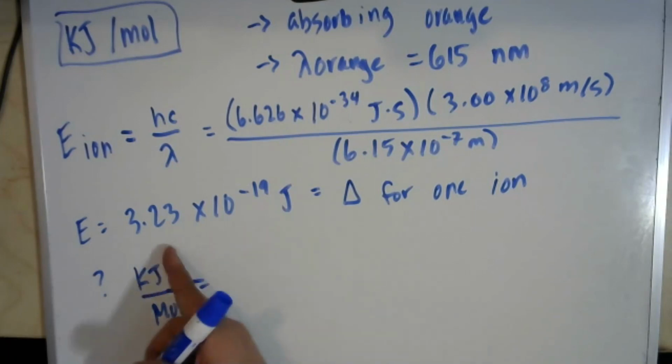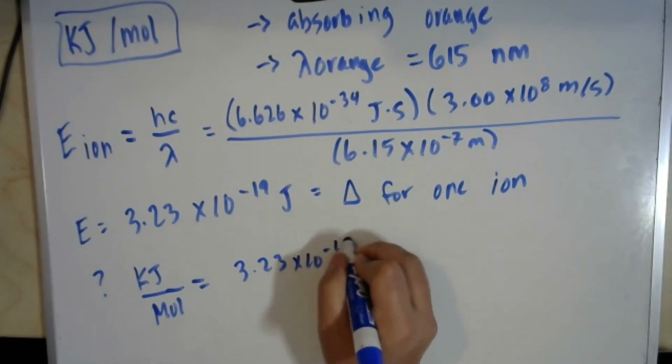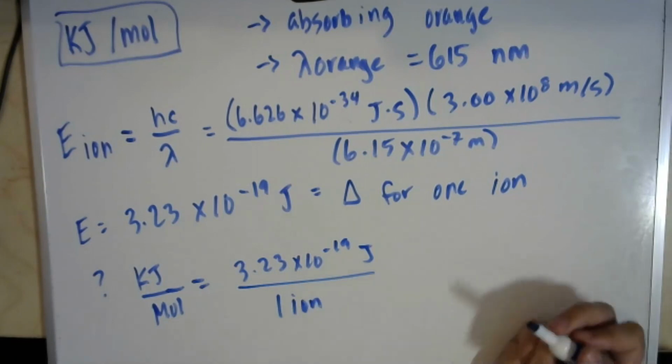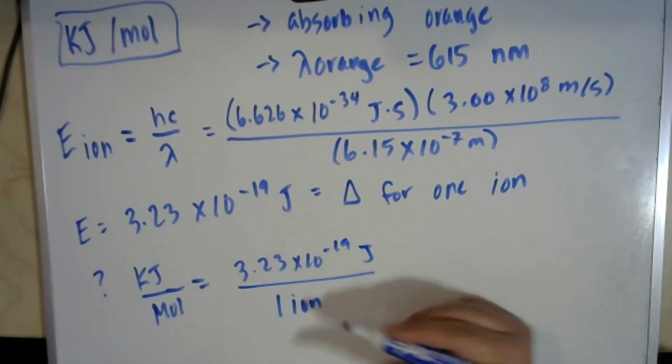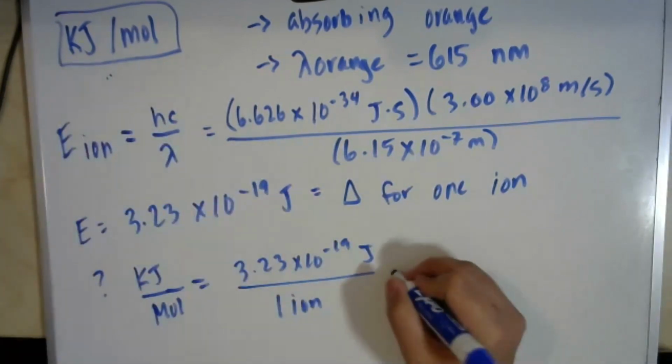Because right now I have 3.23 times 10 to the negative 19 joules for every one ion, but that's not going to cut it for the value that I need to calculate.